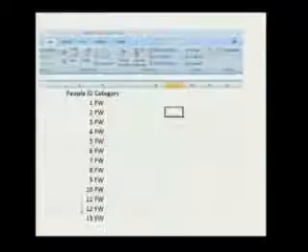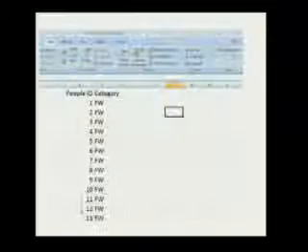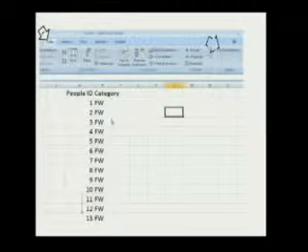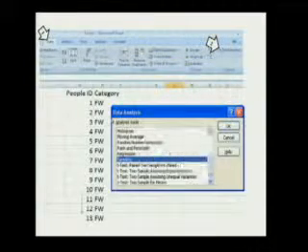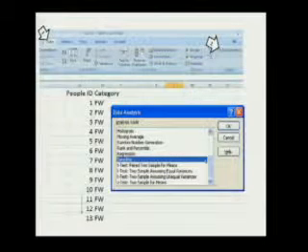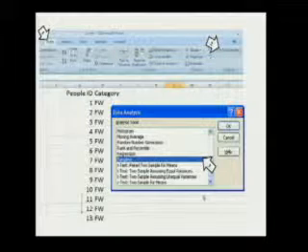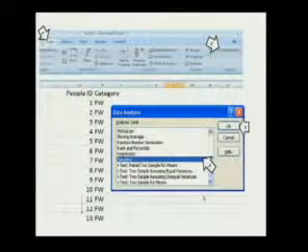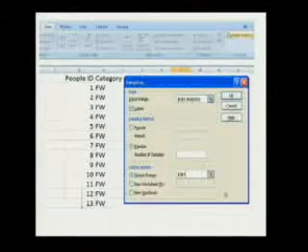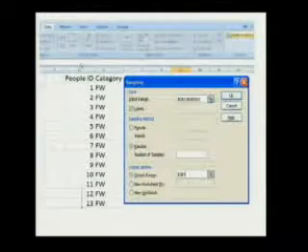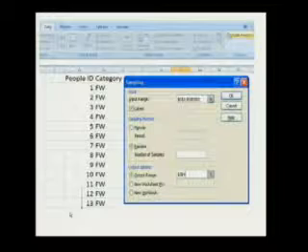In summary, what we did, we had 1,000 IDs. We went to data. Then we went to data analysis, and to the sampling menu. And we pressed OK to go to the sampling menu. And in the first window, we put the input range, which is all the IDs of the finite population.